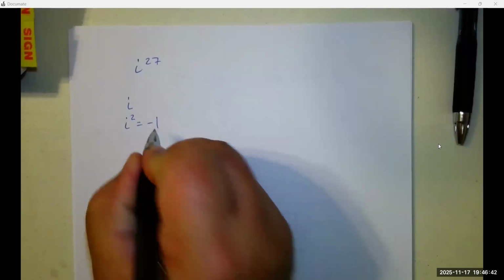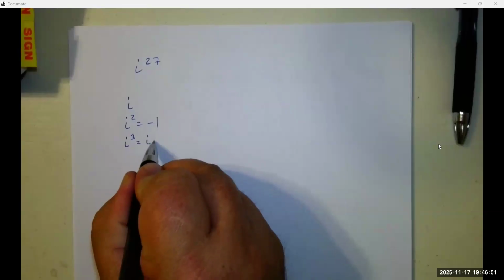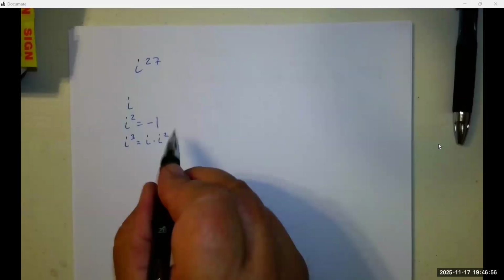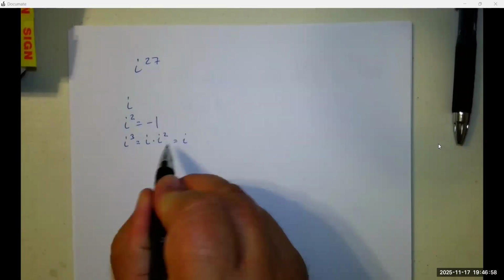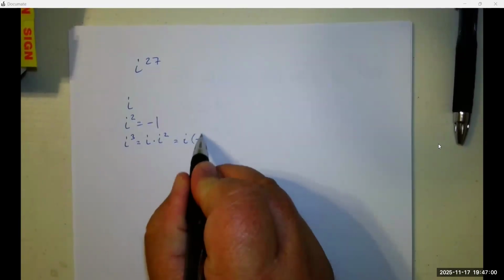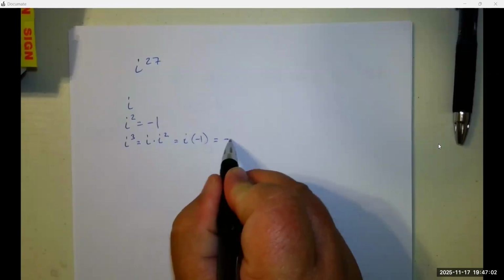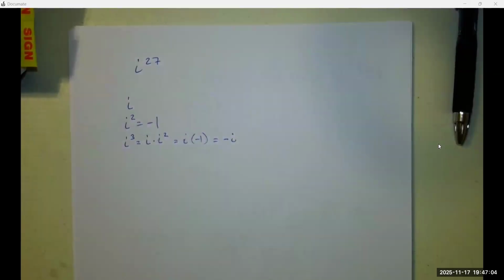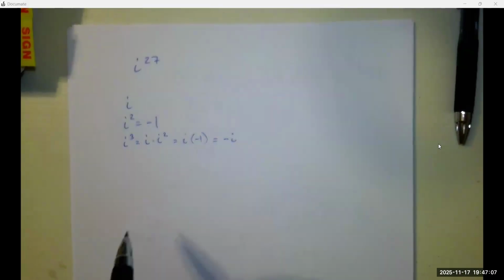Since we know that i squared is equal to negative 1, that means i cubed is made up of i times i squared. That's where i cubed comes from. i squared is negative 1, so it becomes negative i. So i cubed is negative i.